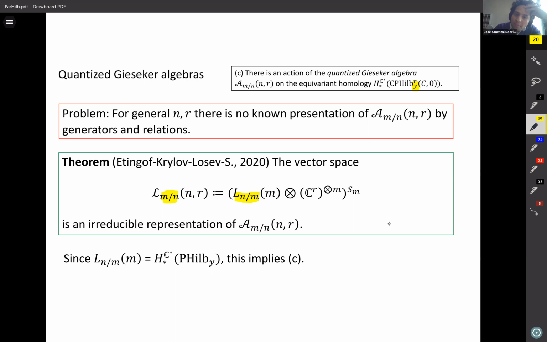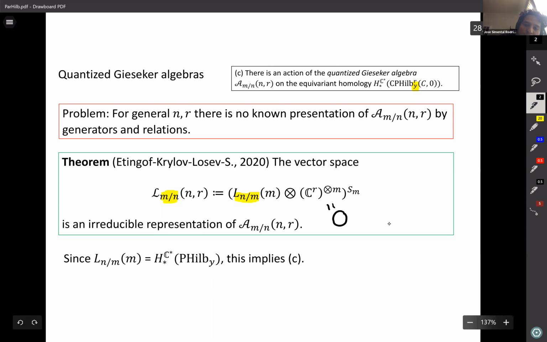And now this goes back to Joshua's question from before, because we can decompose these invariants in the tensor product as the direct sum over all compositions of m of invariants under the S_gamma action, where this is a parabolic subgroup in S_m.